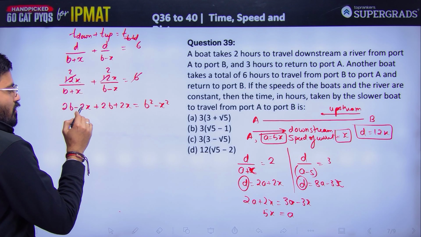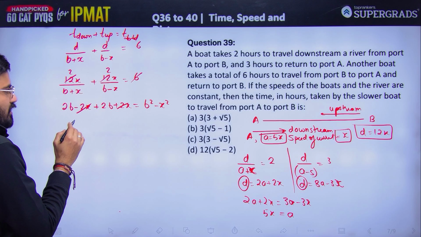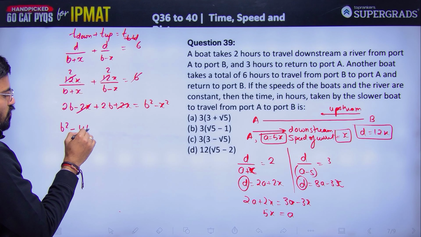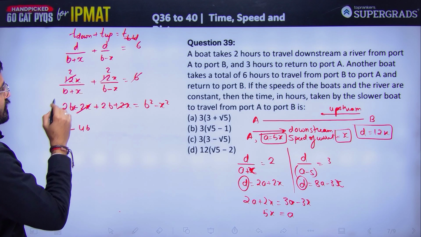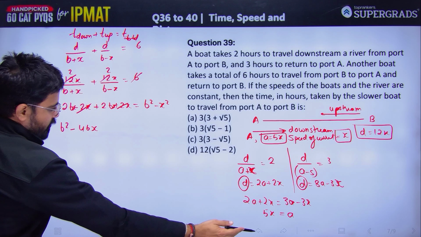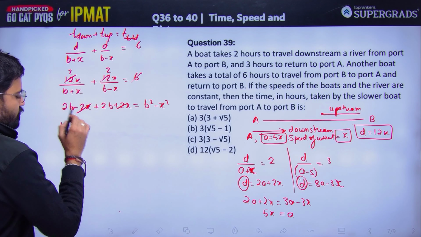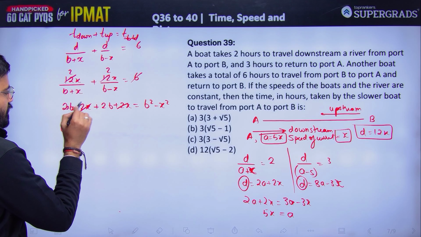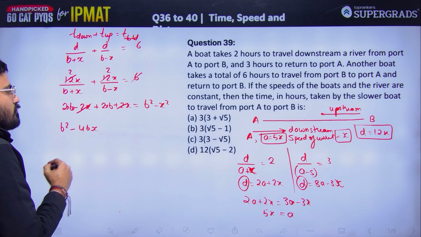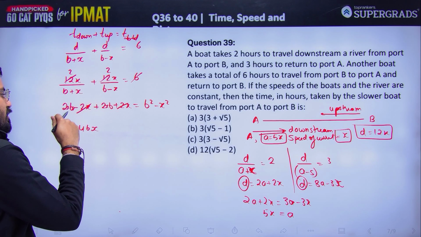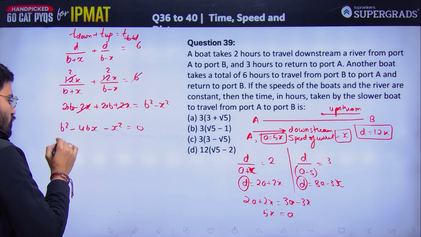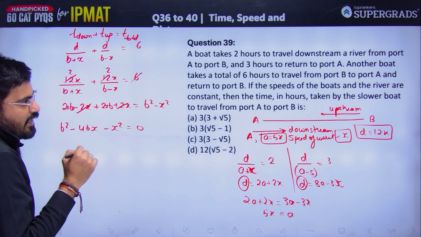ये बन गया. 2x से 2x कैंसिल, तो ये बन जाएगा अपना b square minus 4bx. 2bx रहेगा, 2bx minus 4bx. तो 4bx को मैं थोड़ा सा रीअरेंज करके लिख लेता हूं, 2xb 2xb. तो 4bx, b उधर ही है और minus x square is equal to 0. अभी मुझे पूछा क्या है?